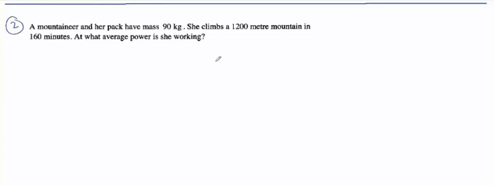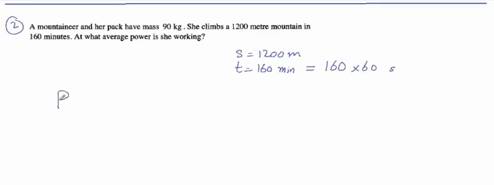The distance covered is 1200 meters and the time taken is 160 minutes, which means we convert this into seconds, SI system of units. So we multiply by 60. Then we have to find the average power. We know power is work done by the driving force divided by the time taken.